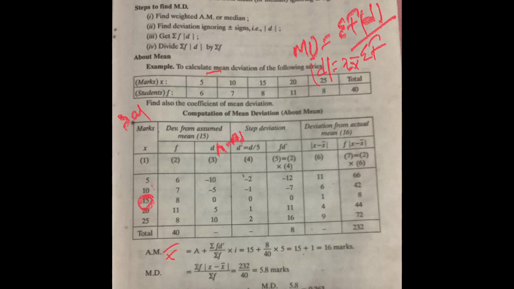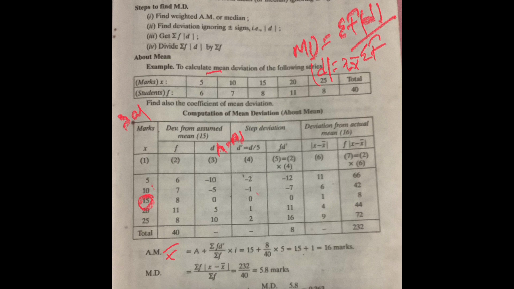Then d dash is equal to d divided by i, where 5 is the common factor. So 10 divided by 5 is 2, minus 5 divided by 5 is minus 1, 0, 5 divided by 5 is 1, 10 divided by 5 is 2.